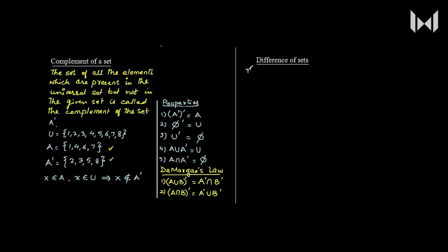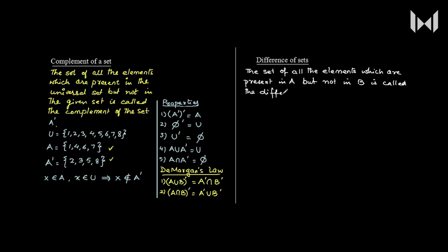We say the set of all the elements which are present in A but not in B is called the difference of A and B and is written as A minus B.